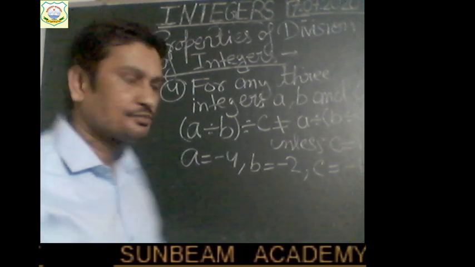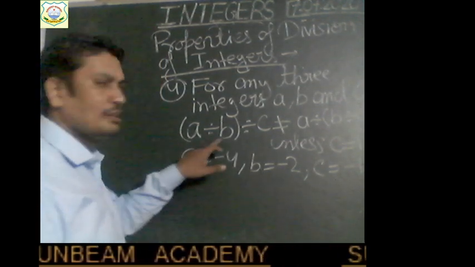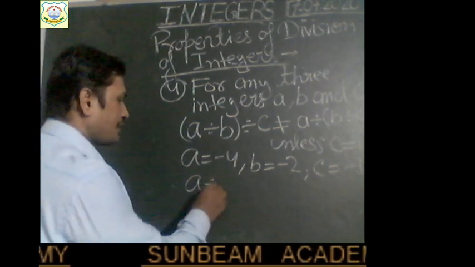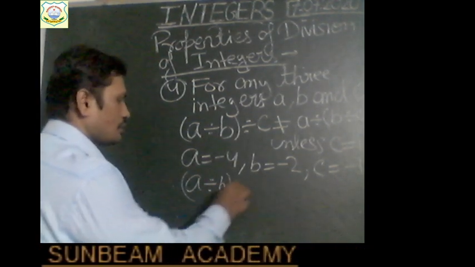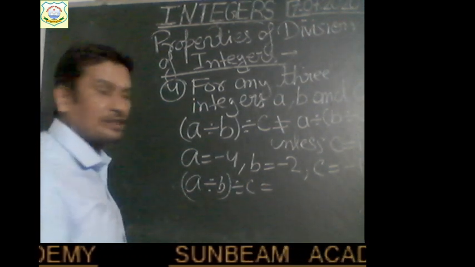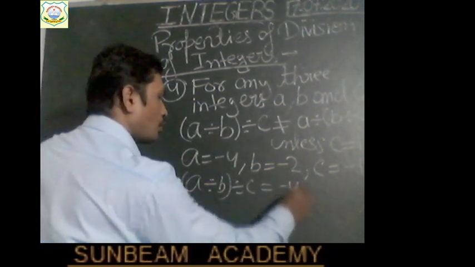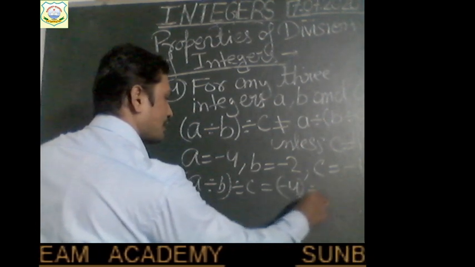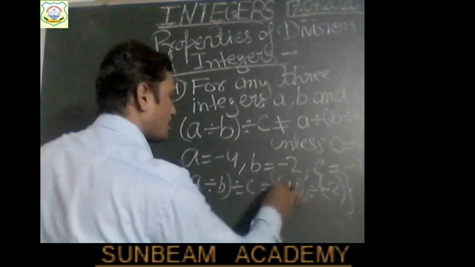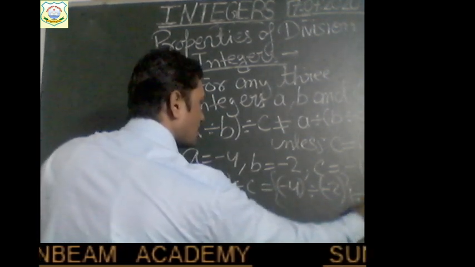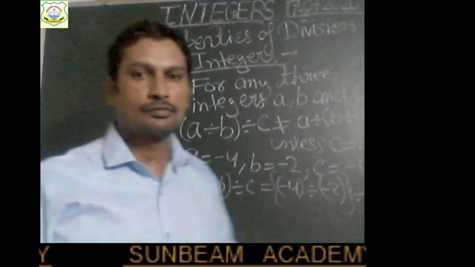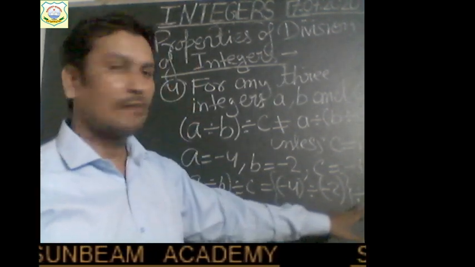So what will be the value of a divided by b divided by c? This will be equal to -4 divided by -2 and this whole divided by -1. Here it is -1, children.